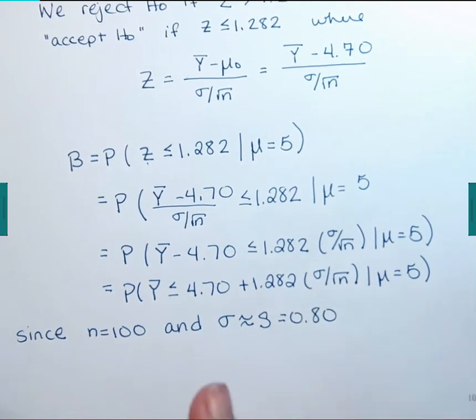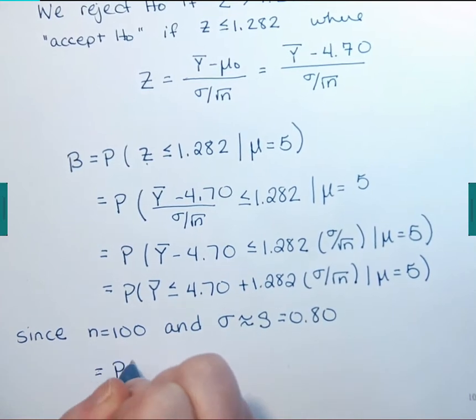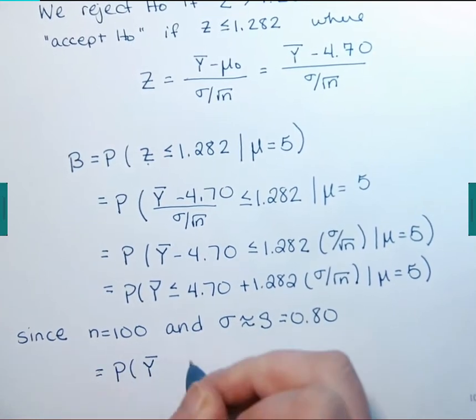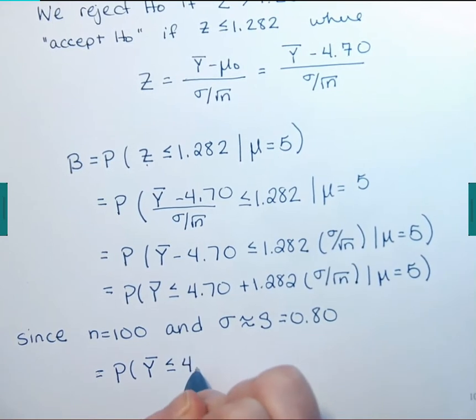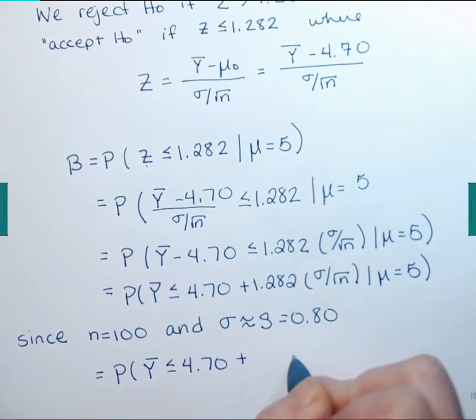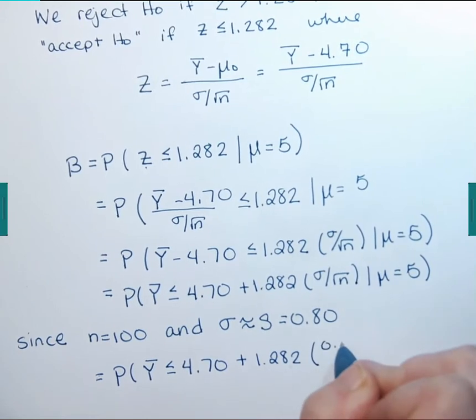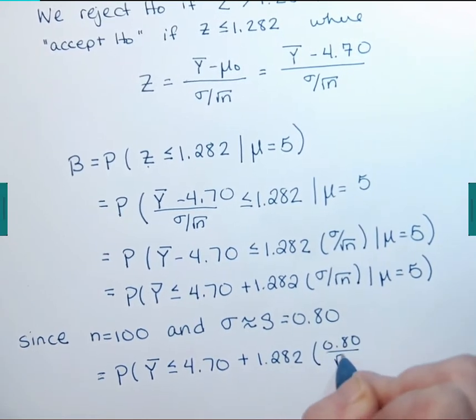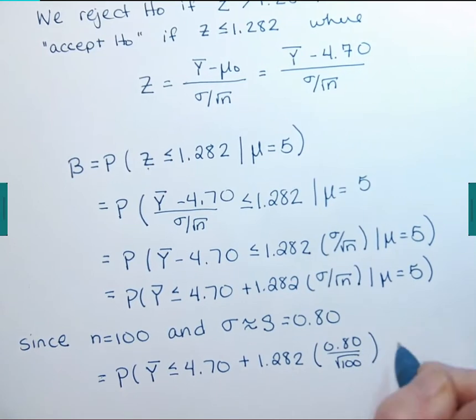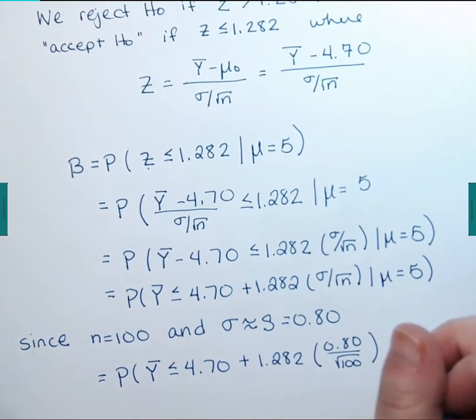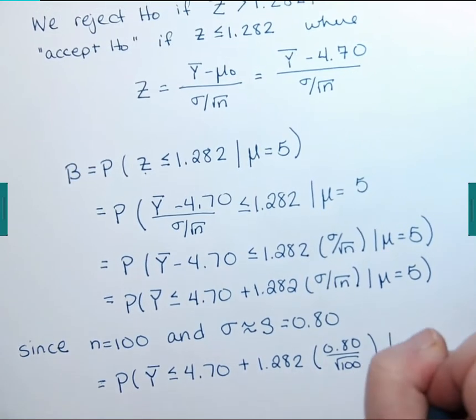We can fill those values in, and this is equal to the probability that y bar is less than or equal to 4.70 plus 1.282 times 0.80 divided by the square root of 100. And again, we're given here that mu is equal to 5.